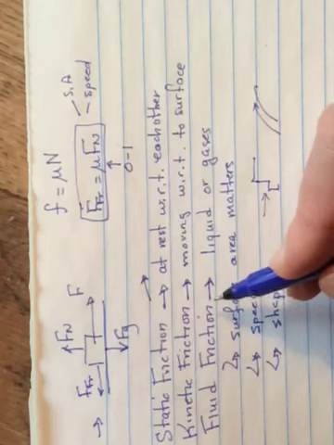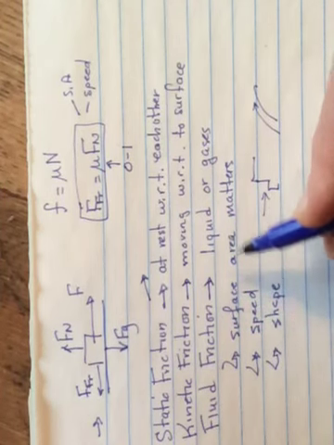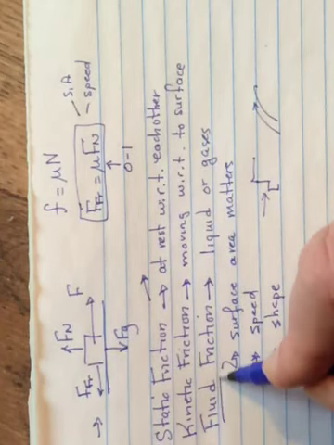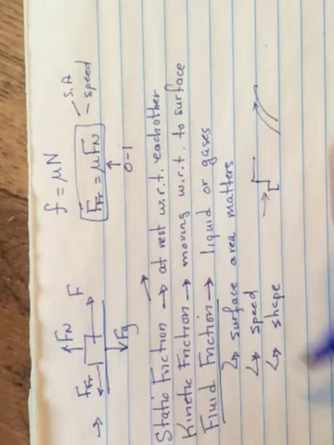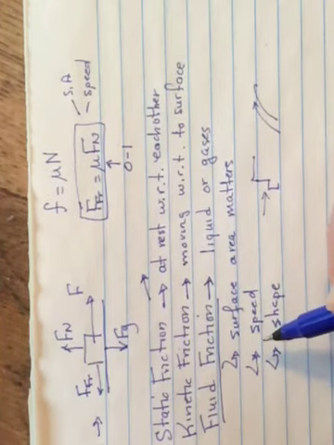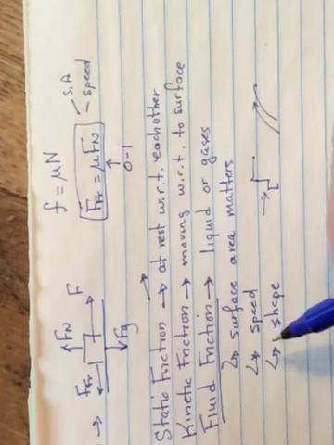There is actually not a one-size-fits-all equation for fluid friction. The equation changes depending upon the object and the situation. So it's why you will not calculate fluid friction with an equation in high school. You actually need calculus, so you'll have to wait for university to get that.